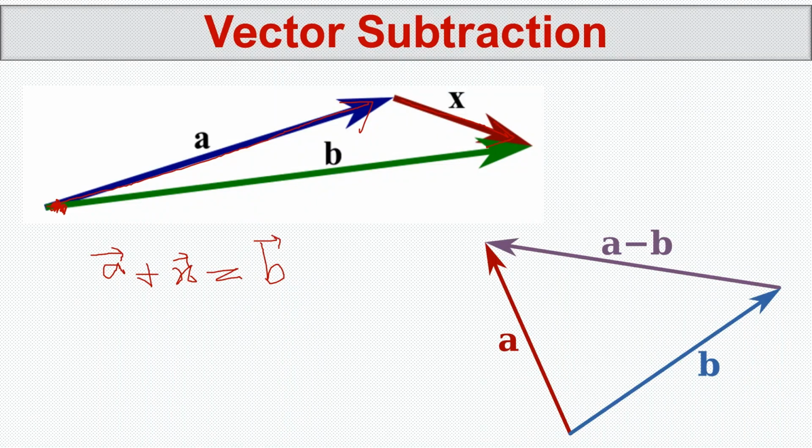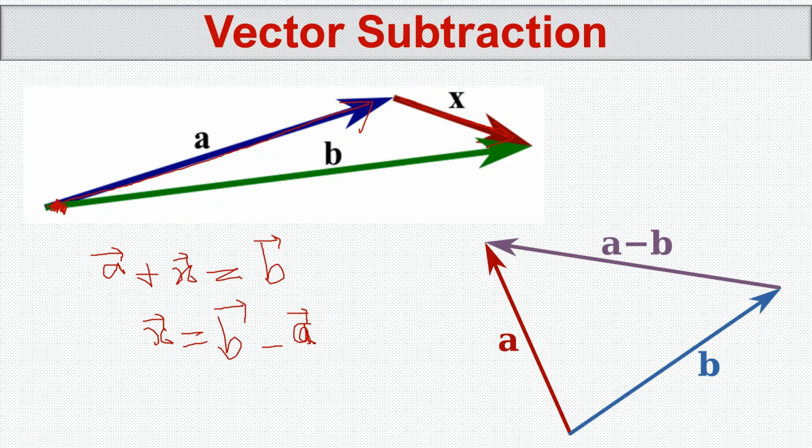Okay, this is going to be the B vector. So the X vector will be equal to B vector minus A vector. The purpose is to subtract B vector minus A vector, and that will come through the X vector.